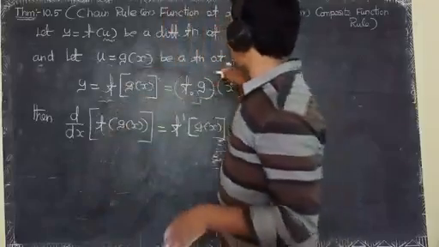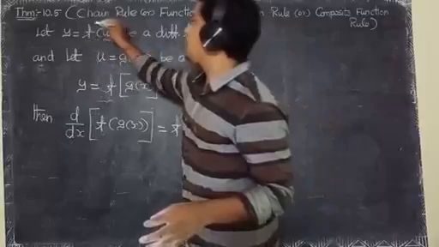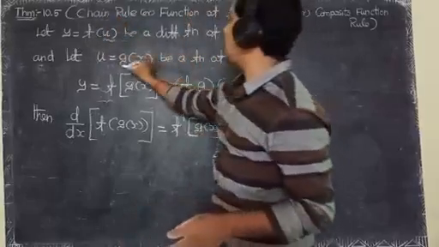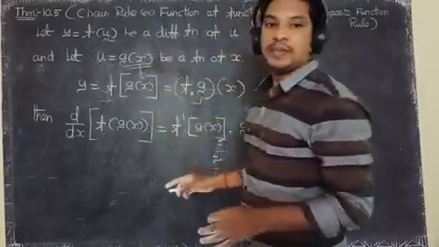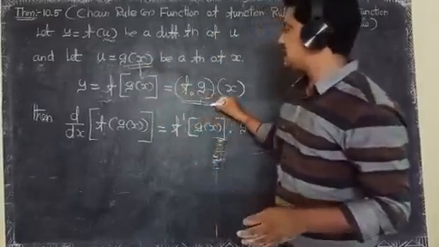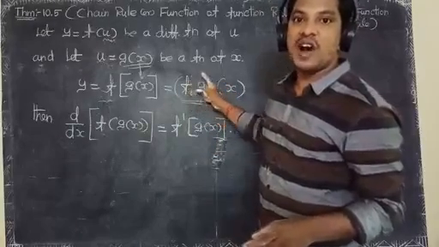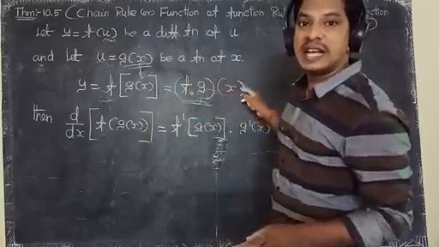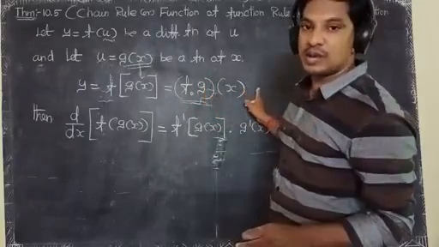Here y equal to f of u, where u is g of x, which is read as f composite g of x.